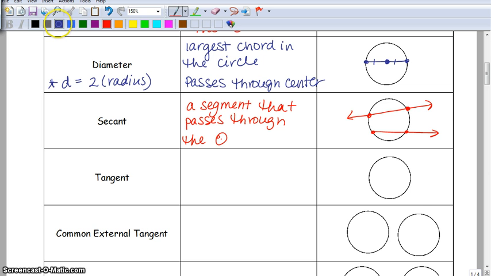Now a tangent is a segment, actually, well, okay, a segment or line really is what we should be saying here, and I'll add that up to the other one as well. A segment or a line that intersects the circle exactly one time.